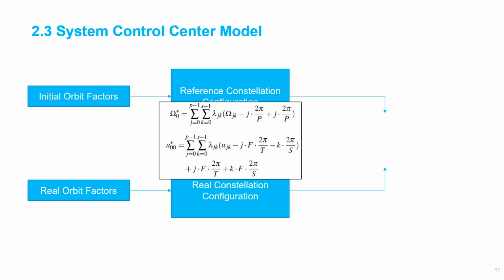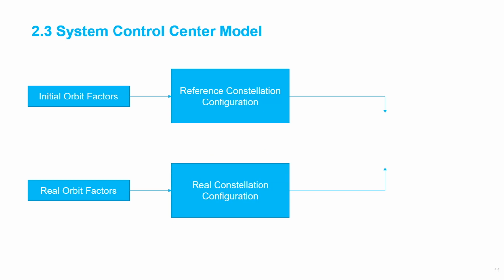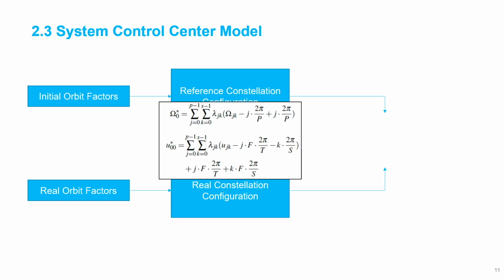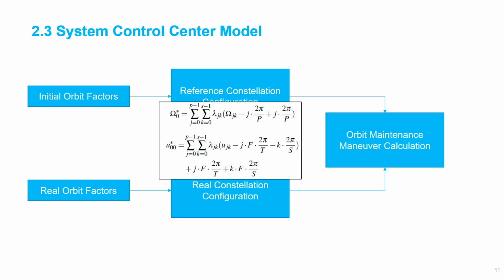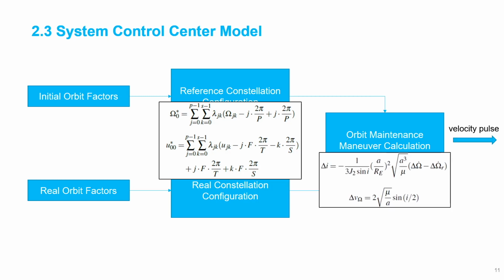When the deviation between the two exceeds or is about to exceed the set threshold, an orbital maneuver is required. Orbital maneuver speed pulse is calculated through the following formula.